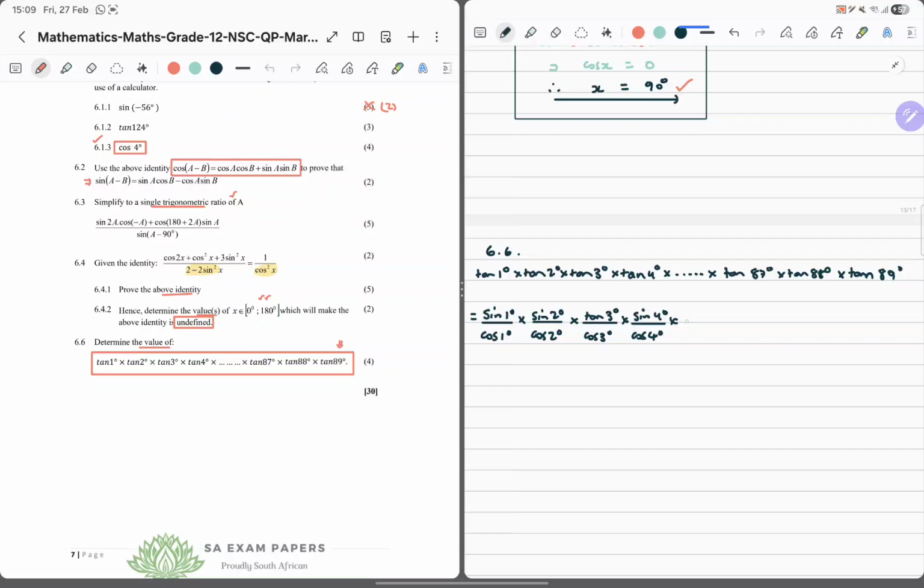Now this is multiplied by dash dash dash, but now we can see there's just 3 terms. Now let's put 4 like it was at the beginning. And say the 4th term, of course, would be 1 before that. So this would be essentially sine of, this would be 86. 86 is nothing but sine of 90 degrees minus 4 degrees, all divided by cos of 90 degrees minus 4 degrees.